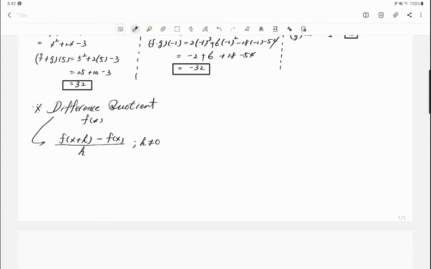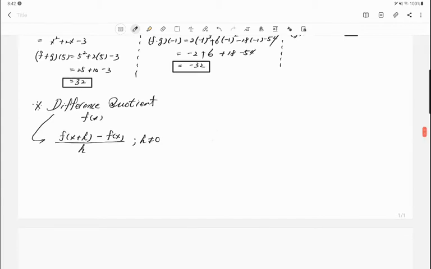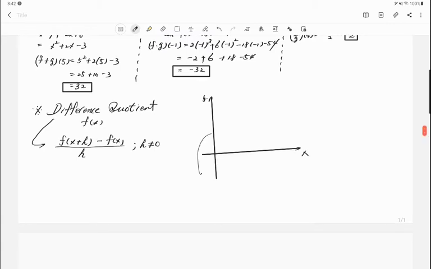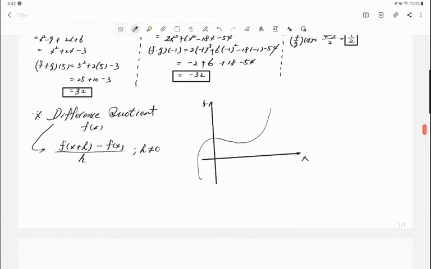So the difference quotient means like this. Here is the x-axis, just an example, and then the y-axis. Let's say there is a graph, something like this. And then here is a point, let's say the point is x.